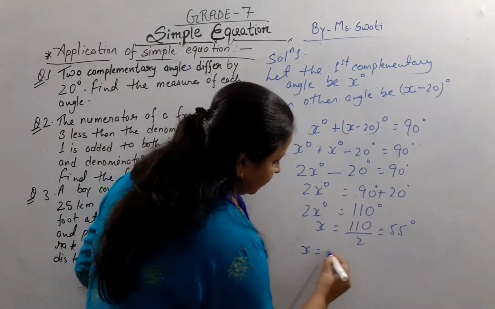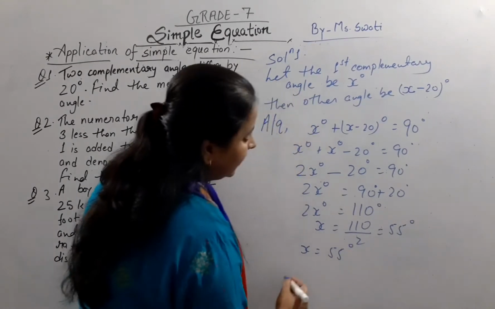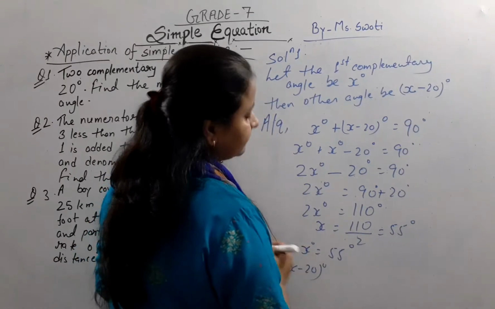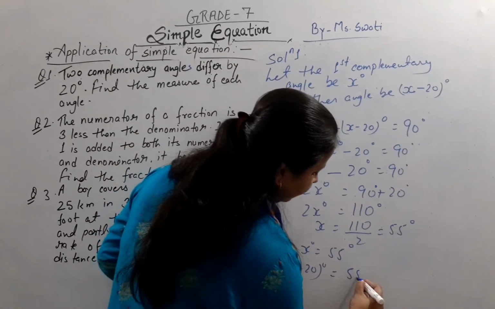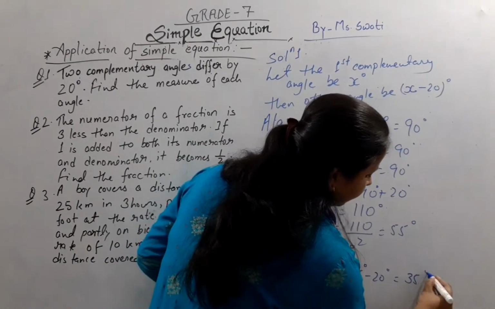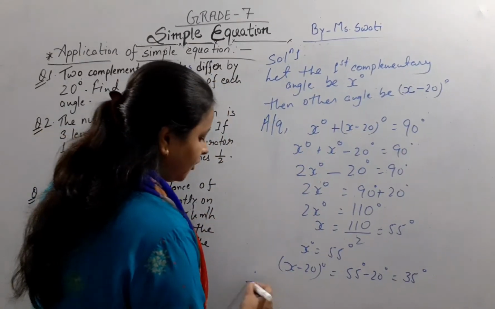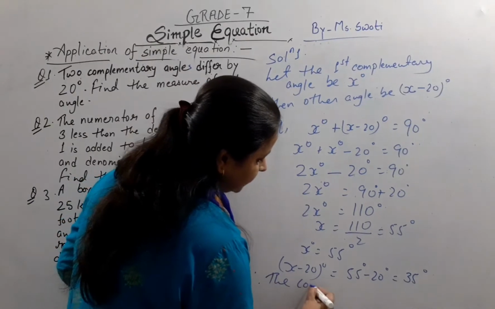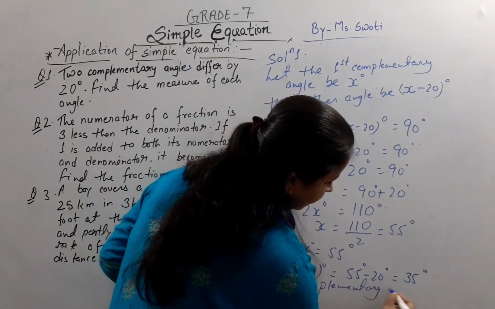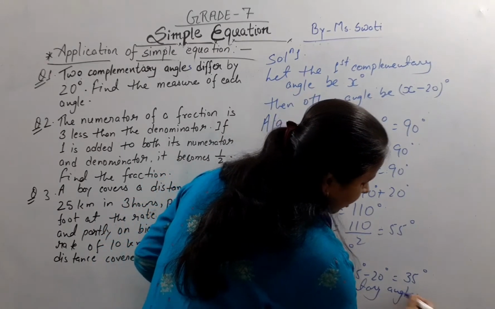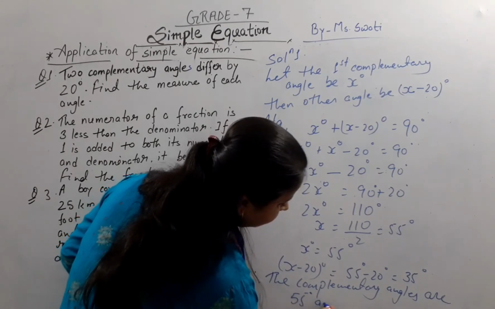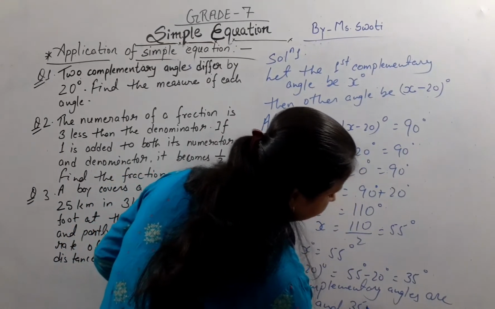So we get the value x is equal to 55 degrees, and x minus 20 degrees is equal to 55 degrees minus 20 degrees, that is 35 degrees. Therefore, the complementary angles are 55 degrees and 35 degrees.